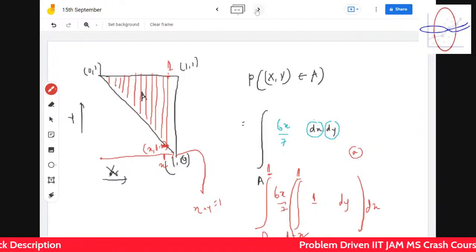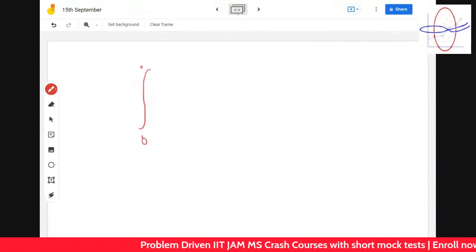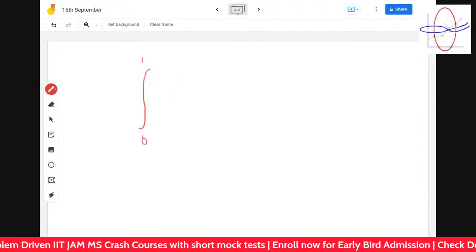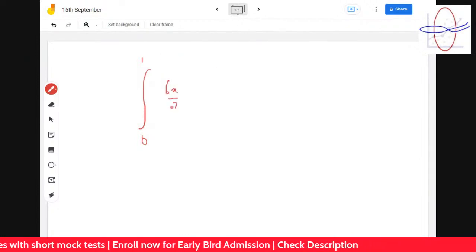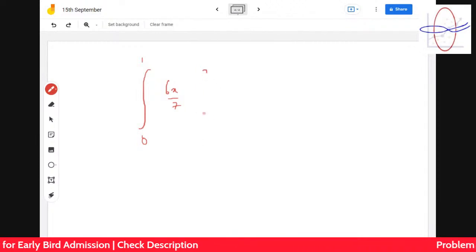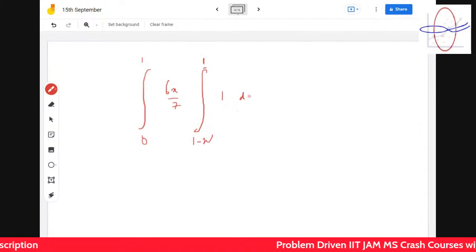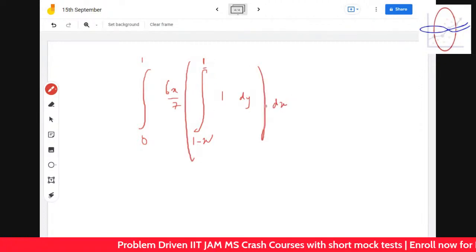Therefore we need to find the integration from 0 to 1 of 6x by 7, integration of 1 from 1 minus x to 1 dy, and then the dx part.